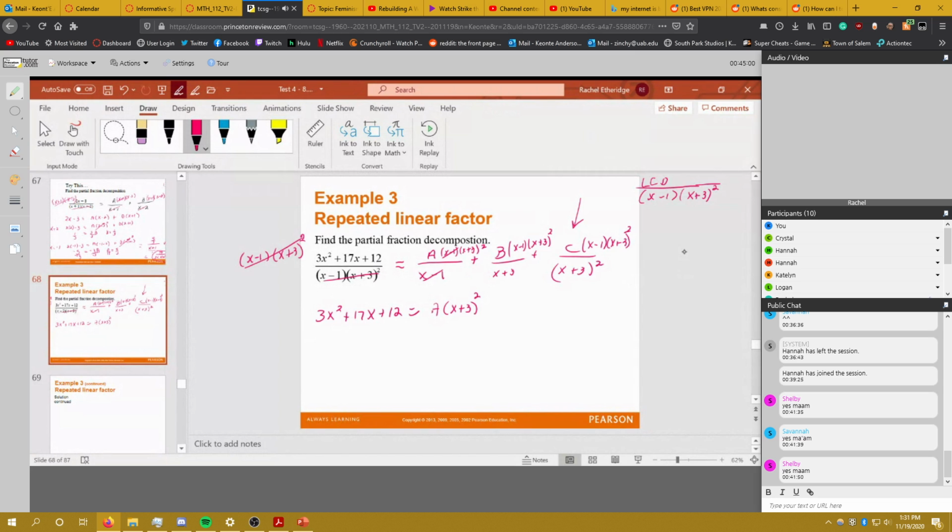Now over here, this one cancels one of those, and I have an x plus 3 left over. So this is going to be b times x minus 1, x plus 3. So only one of those is going to cancel out. So I'm going to have an x plus 3 left. And then over here, both of them cancel out. So I have c x minus 1.